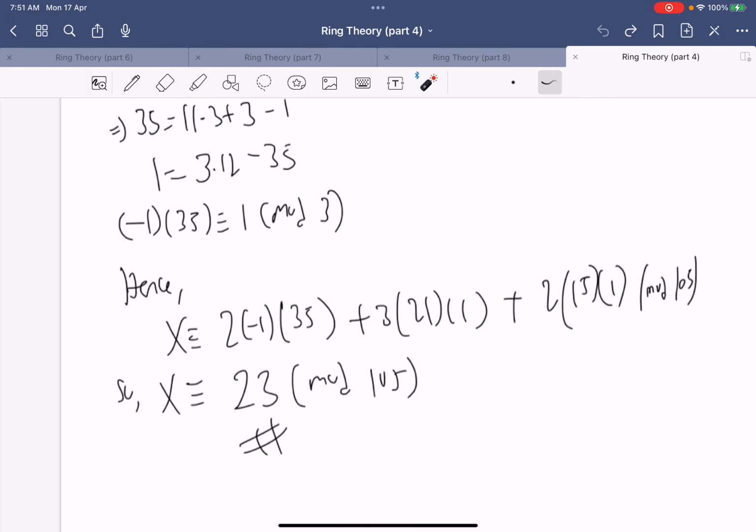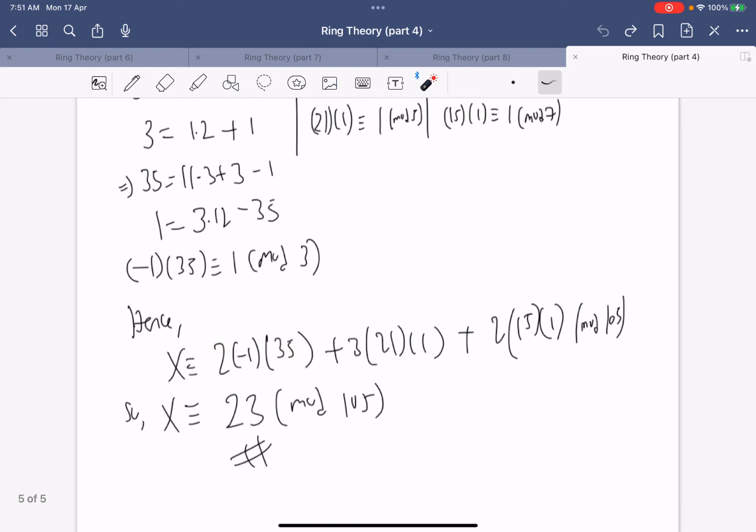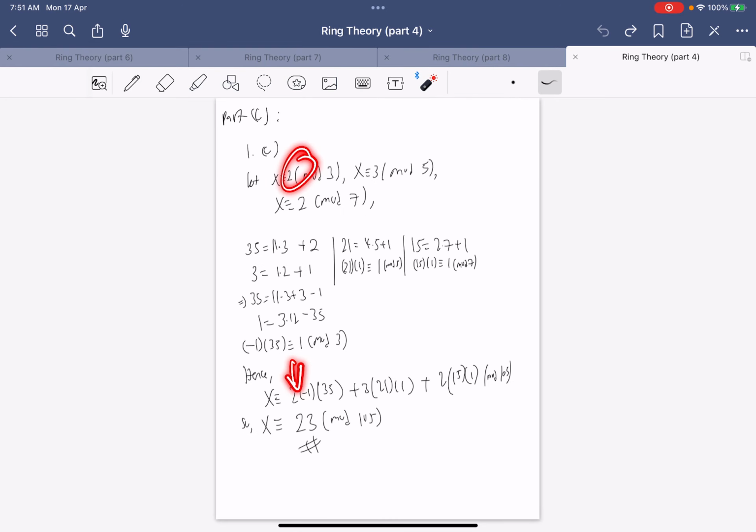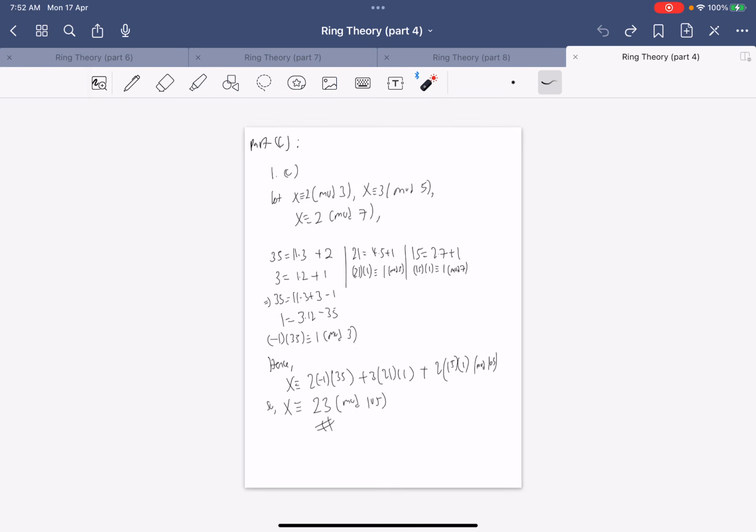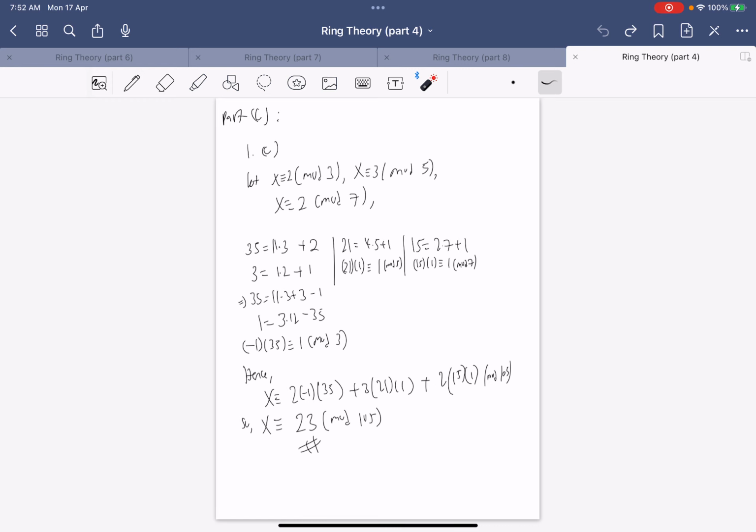So the solution, you just need to apply it, is the coefficient 2 times -1 times 35 plus 3 times 21 times 1 plus 2 times 15 times 1. When you sum them all up, you get 23 mod 105. And you're done. So I hope this example shows you how to apply the Chinese remainder theorem to solving questions about congruence equations.